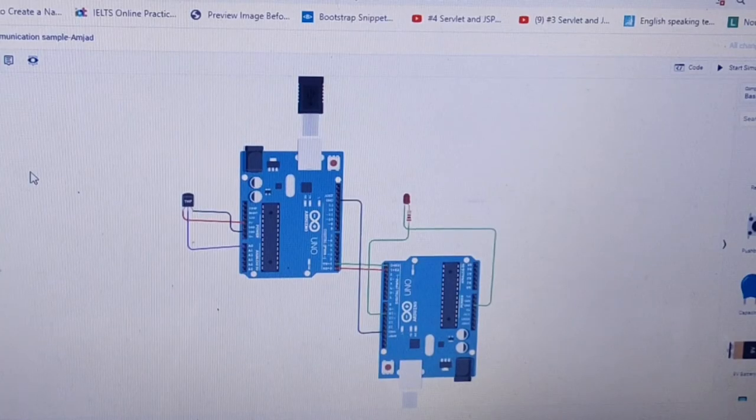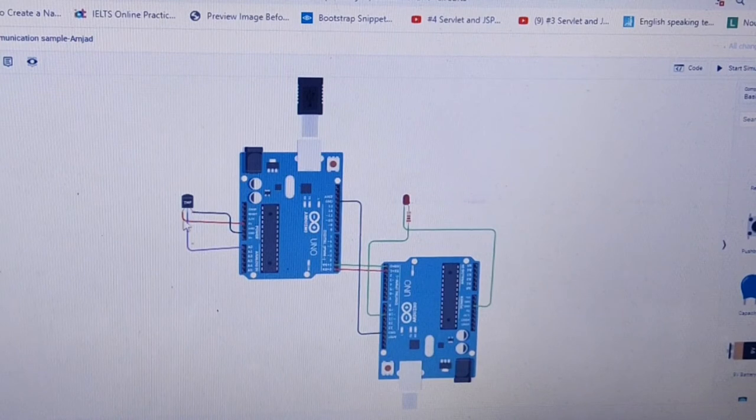In this case, a TMP36 temperature sensor and an LED are used. The positive point of the sensor is connected with +5 and the negative point of the temperature sensor is connected with ground.